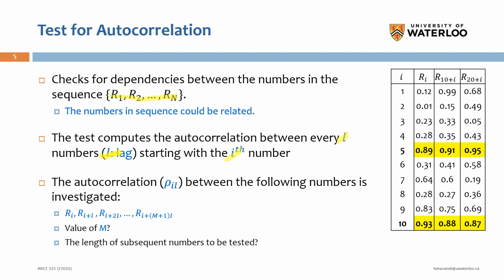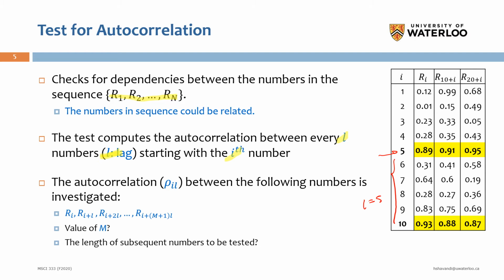For example, in this table here, we have 30 random numbers. If we start from the fifth random number, and we assume a lag of 5, so L equals 5, we will have these subsequent random numbers: 5, 10, 15, 20, 25, and 30.